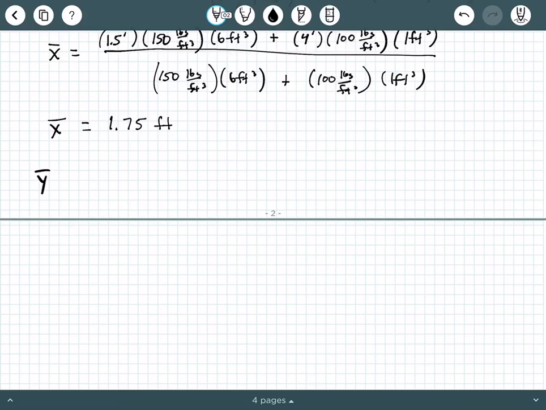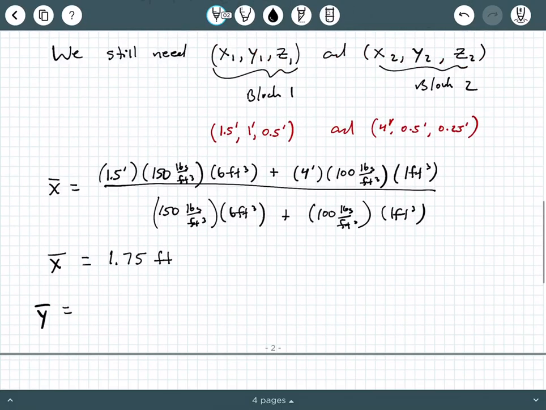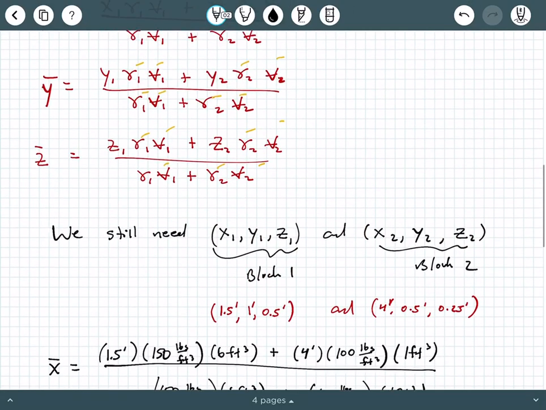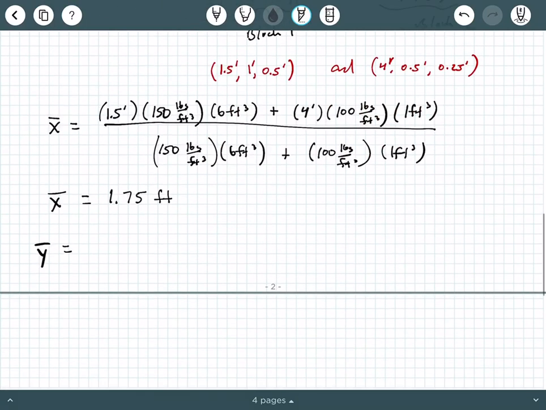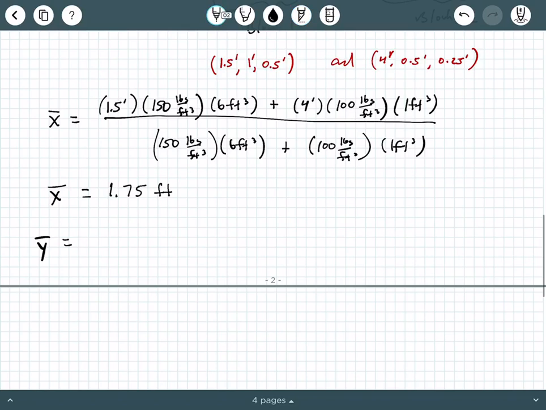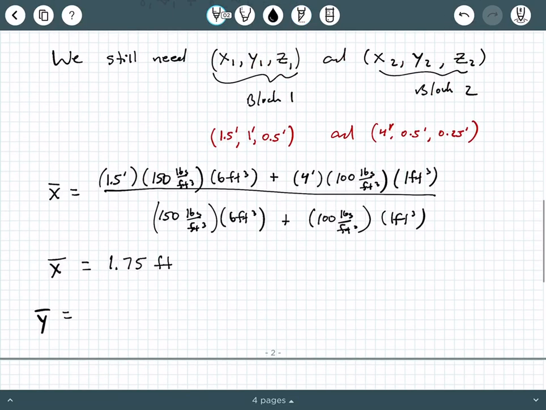Again, it's a location, right? What about y bar? Okay, y bar is going to be equal to y1 gamma 1 v1.